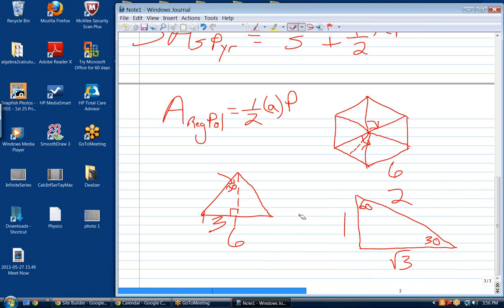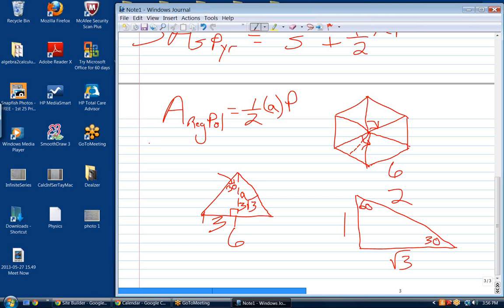So what's the similarity ratio? 3 to 1. So every side in this triangle, what's that hypotenuse equal to? 6 to 1. What's the apothem equal to? 3 root 3.